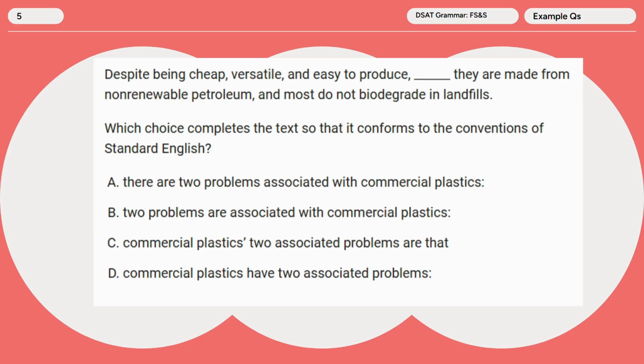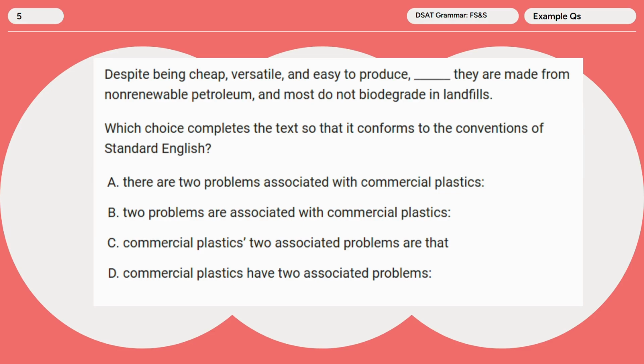First of all, for A, is "despite being cheap, versatile, and easy to produce" modifying the fact that there are two problems? I don't think so, because it doesn't make sense for the two problems to be cheap, versatile, and easy to produce.